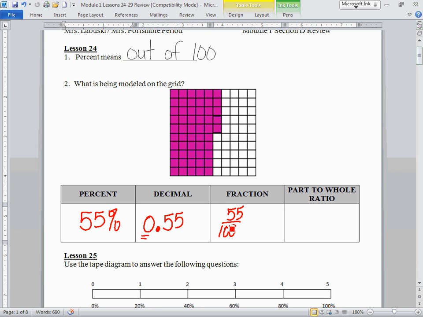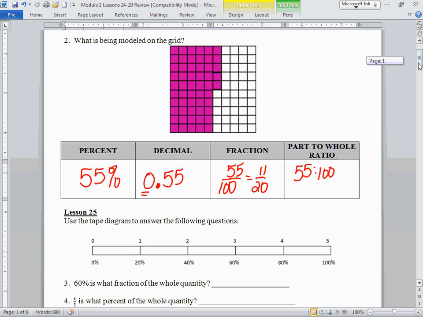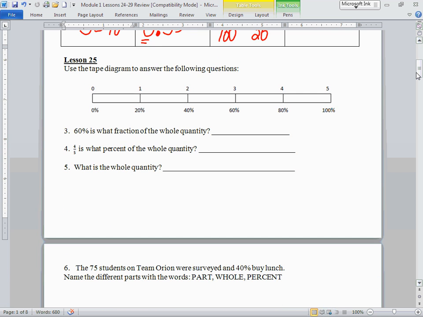And then as a part to whole ratio, 55 to 100, but I have a question. Would you get points off if it goes to 0? Possibly. 55 and 100 is also equal to 11 over 20. That's right.